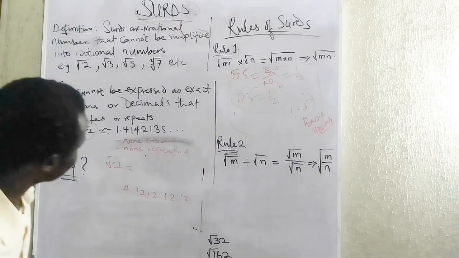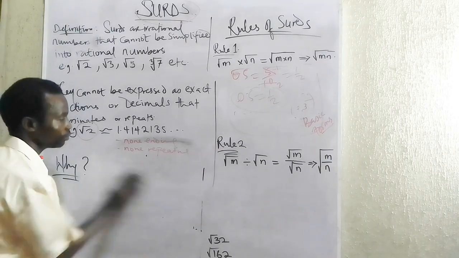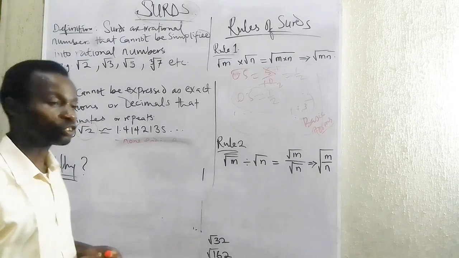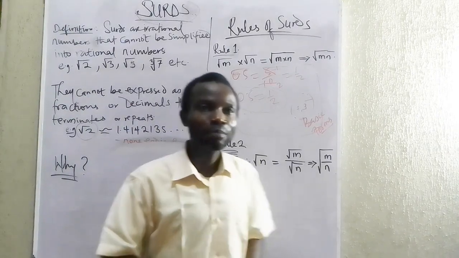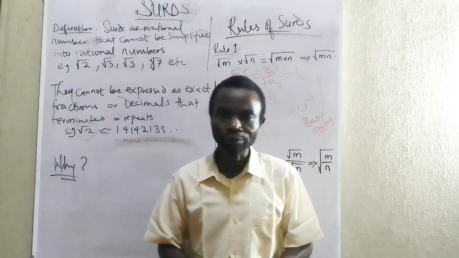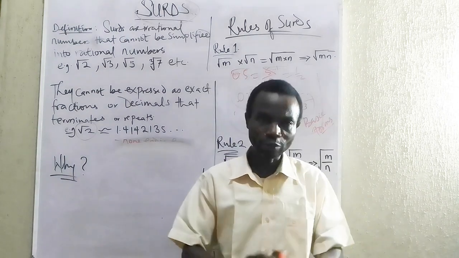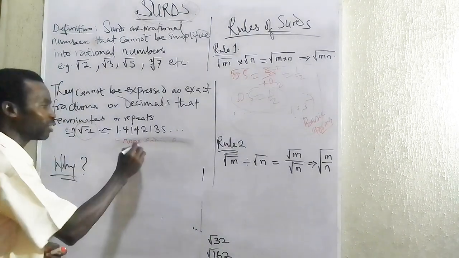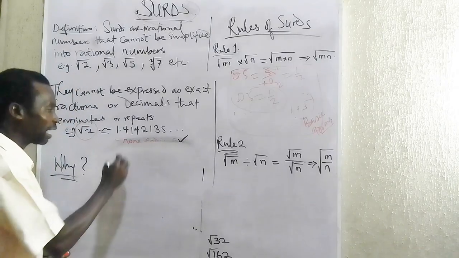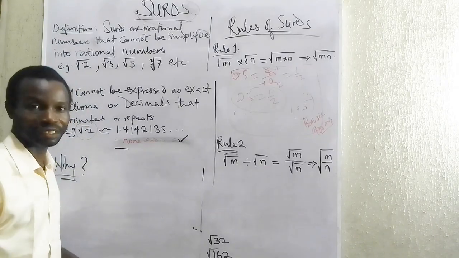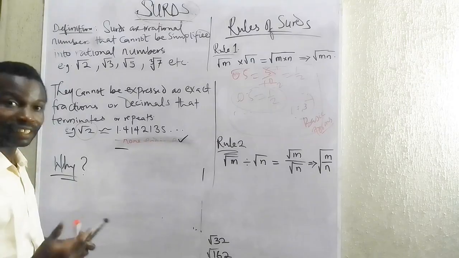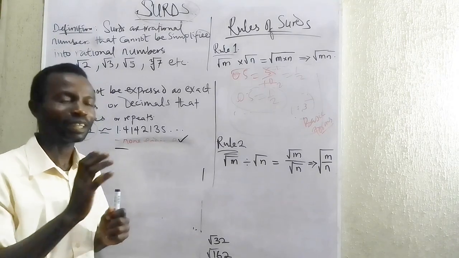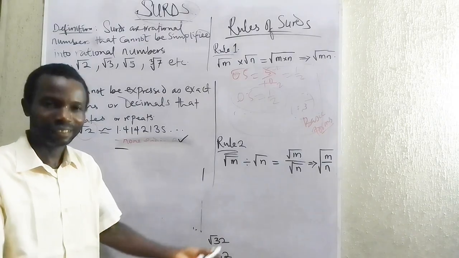Now, another thing is this. Why is it that we call it surds? The history has it that surds came as a result of having this set of numbers that when you want to work on them, they are not ending and they are not repetitive. Because they are not ending, the Indians looked at them and gave them a term that means not responding.